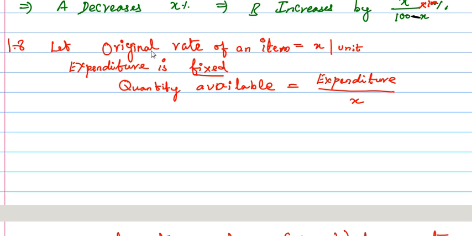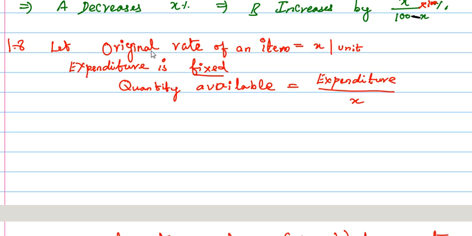Suppose the new rate, the rate of rice per kg, is somewhat increased, like 70 rupees or 50 rupees. What is the new quantity of rice you will buy by using the same expenditure, 1200?